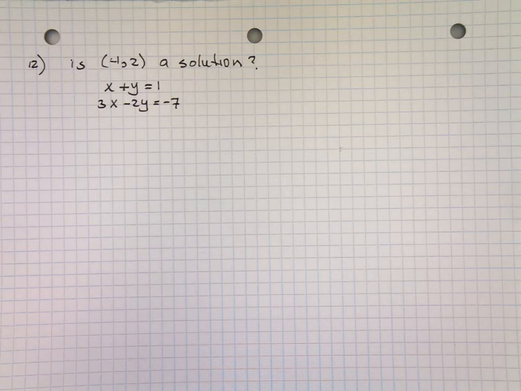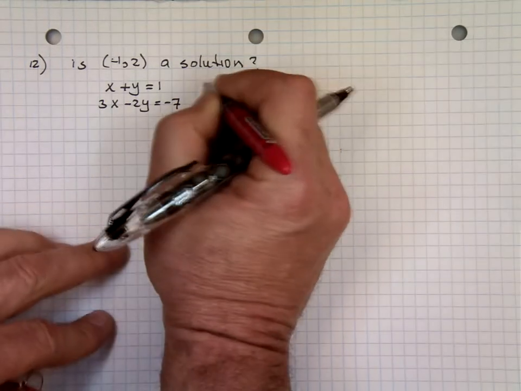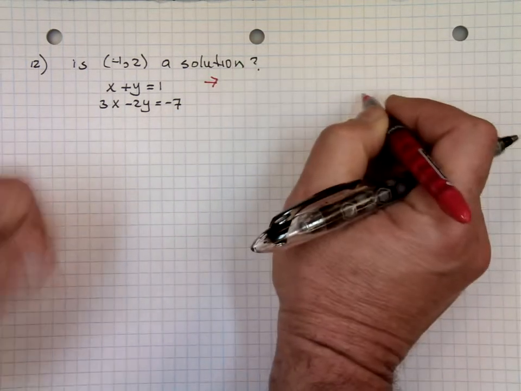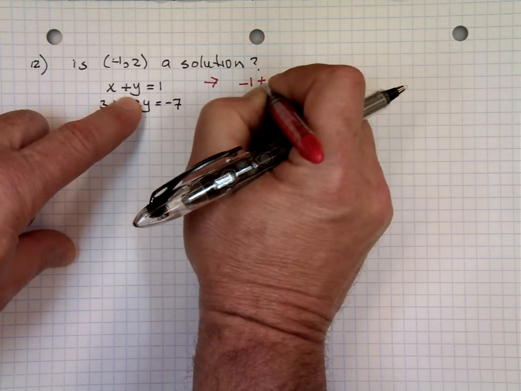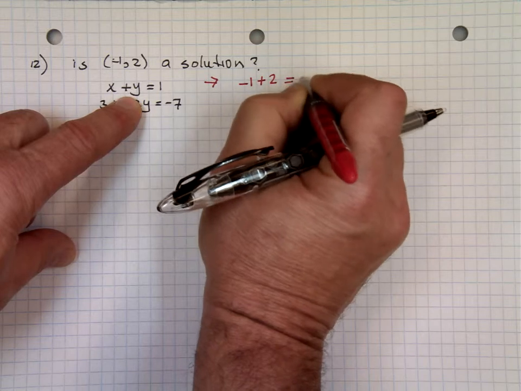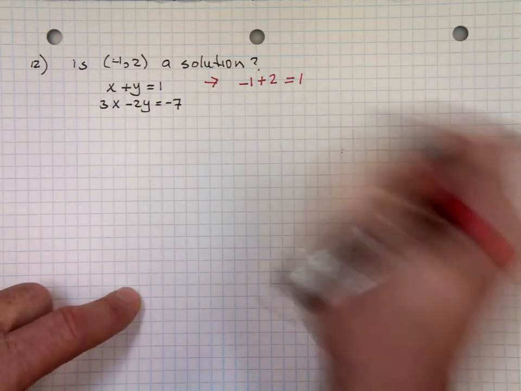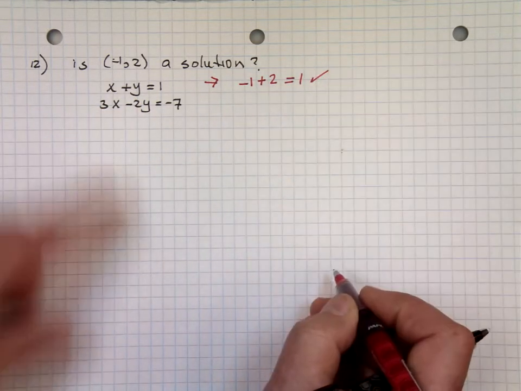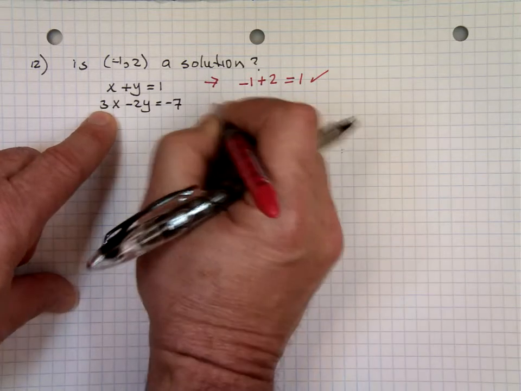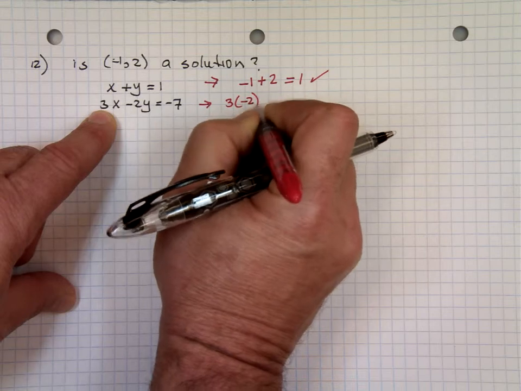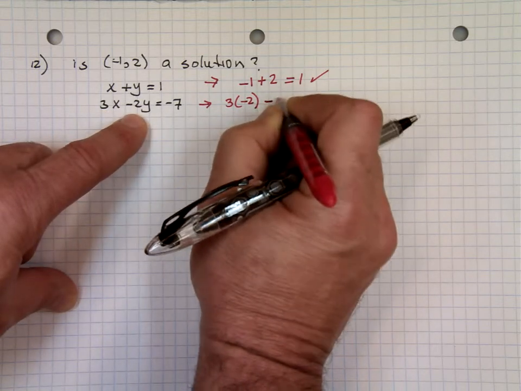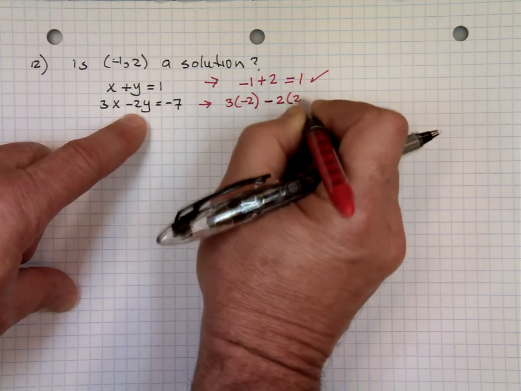Well, how do we know if that's a solution? Plug it in, it has to be yes to both. When x is -1, y is 2, does that equal 1? Yes, that's good. Let's plug it here. 3 times -1 minus 2 times 2, does that equal -7?